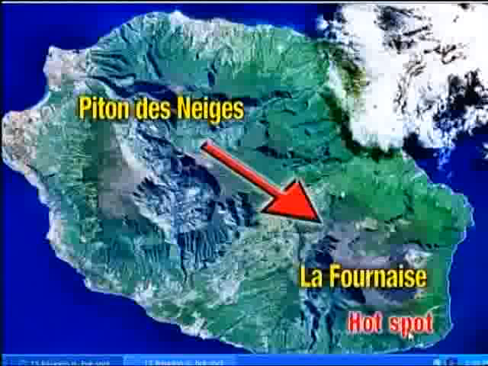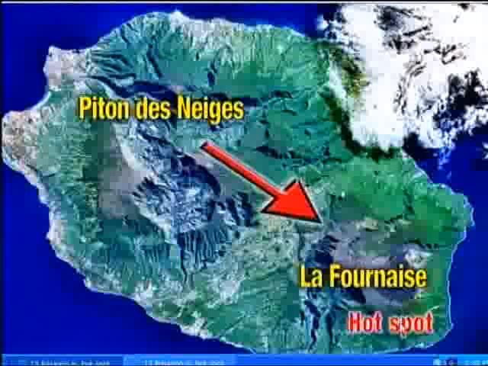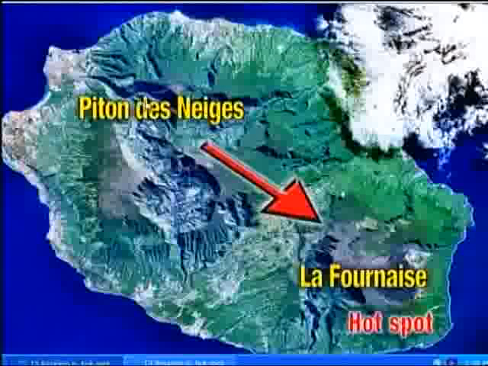It means that about 40 to 50,000 years ago, Piton des Neiges was here. So as the Somali plate moved towards the west, west-northwest, there has been a migration of magma on a north 120 degrees line towards La Fournaise.